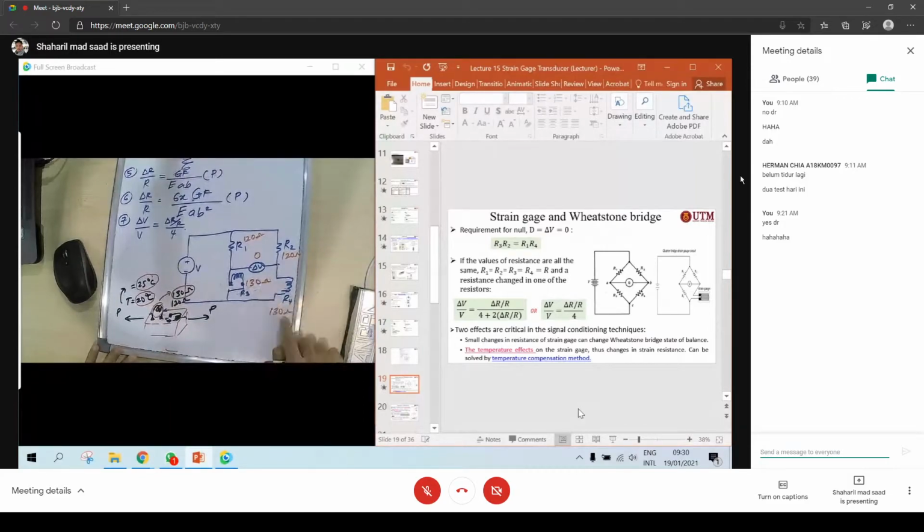So if you see that, the delta V will remain 0, will remain balanced. Do you get that concept?